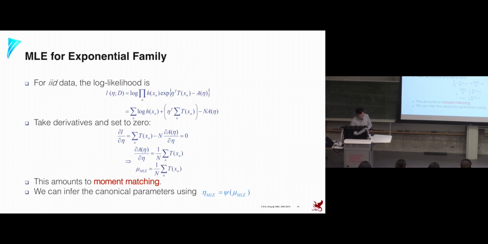Okay, and that basically gives you hopefully a unified picture about the MLE, maximum likelihood estimation, of the exponential family. You begin by writing down the likelihood of the data, which now uses the exponential family distribution form.